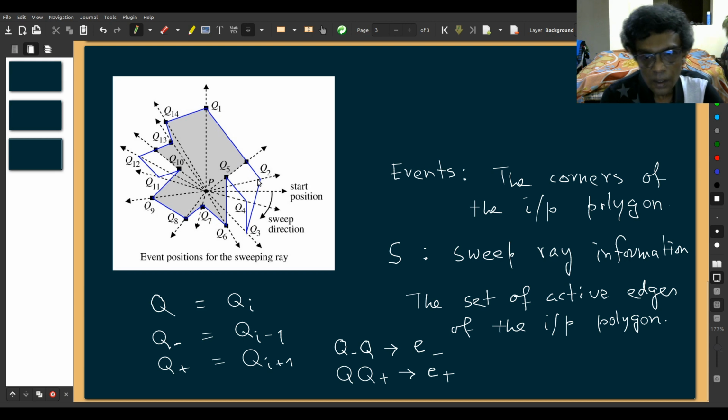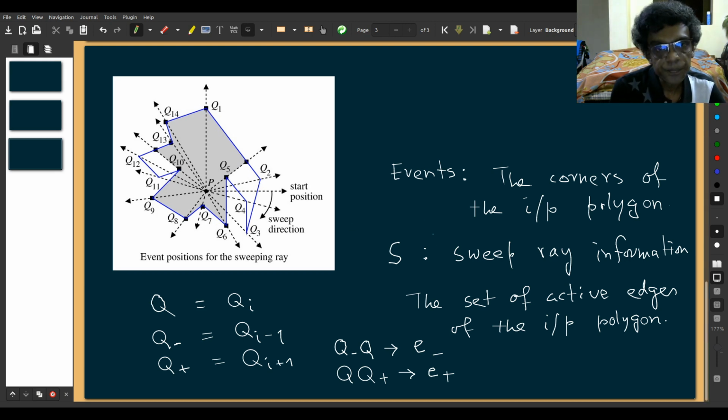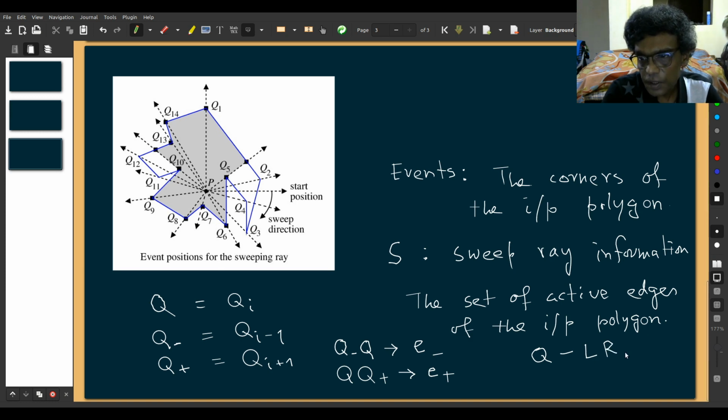So, with respect to the position of the previous point and the next point on the boundary of the room, if it is Q1, we call this an event of type LR. Q minus is to the left, Q plus is to the right. And many of these things are like that. Q2 is also like that.